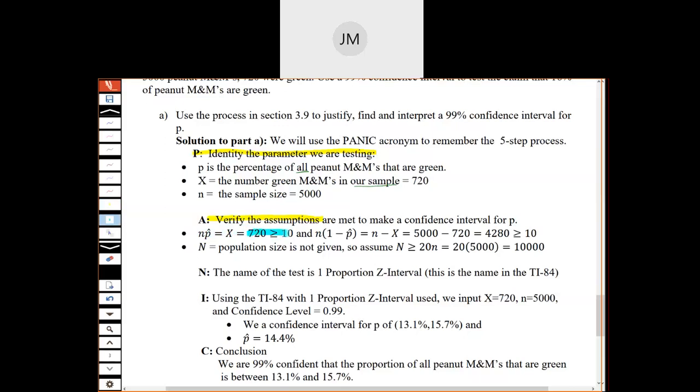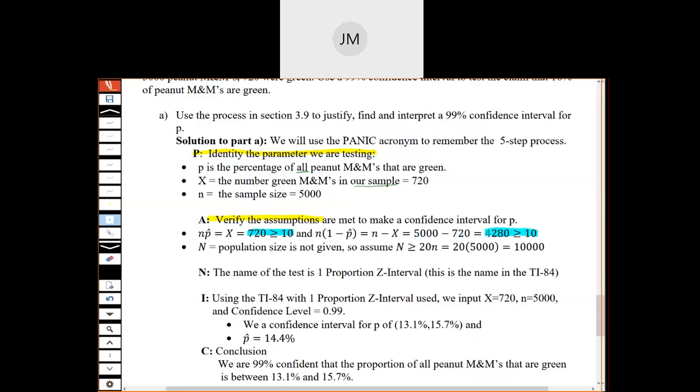I have 720 of my M&Ms that are green. That's bigger than 10. Then I look at how many M&Ms are not green. So we take N minus X: take 5,000 and subtract the 720 green, and I'm left with 4,280 that are not green. And that's bigger than 10.